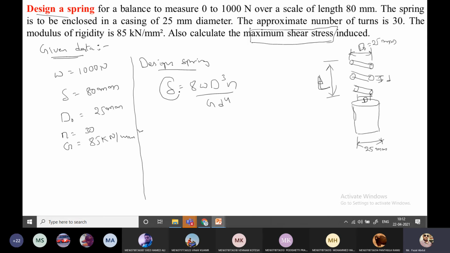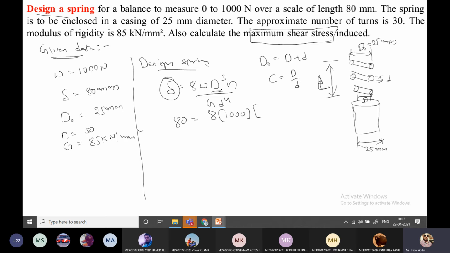Now deflection is given in the question as 80, and the load is given as 1000 newtons, and the D value we don't know. Actually, see here, D naught equals D plus d. Another relation we have, C equals capital D by d.